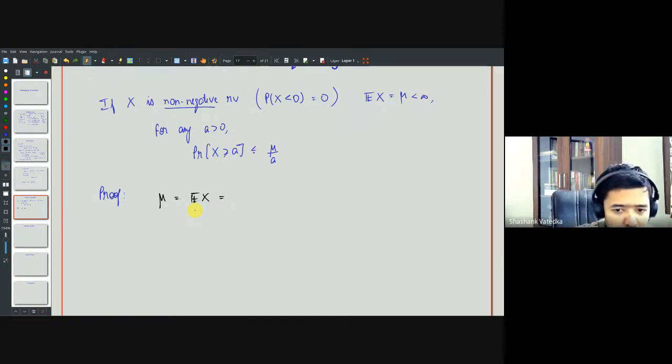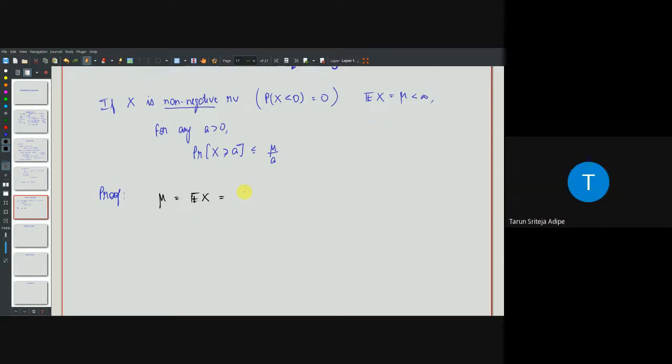You can do the same calculations when x is discrete. So if x is a continuous random variable with, say, a probability density function fx, the expected value is the integral of x fx dx.